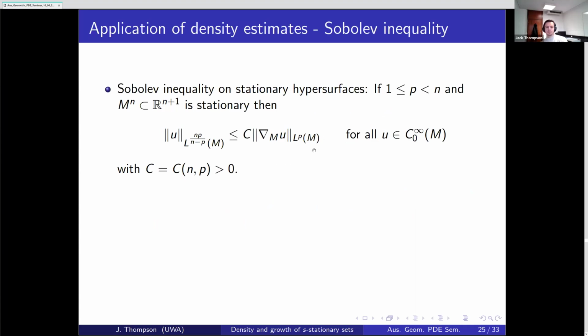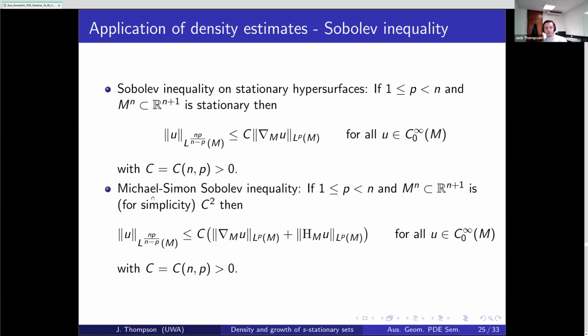Okay, so the motivation for me was a Sobolev inequality on hypersurfaces. It's well known that there's a Sobolev inequality that holds on hypersurfaces in Euclidean space called the Michael-Simon Sobolev inequality that looks like this.